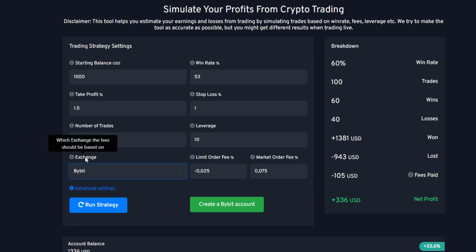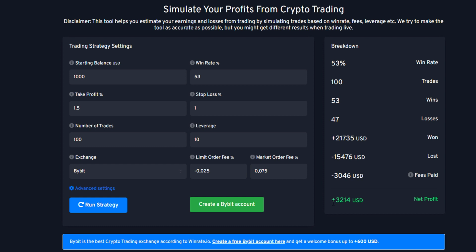It's pretty important that you use BYBIT for these types of trading, because if you use a limit order, especially when you take a profit, always use a limit order because you don't pay any fees, then you even get money from it. So if I run the strategy, you would have made 3k after 100 trades. So that's in 1.5 months. You can have a nice salary from it. So yeah, I really like this strategy.